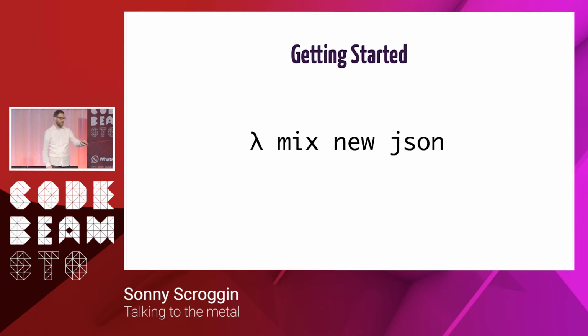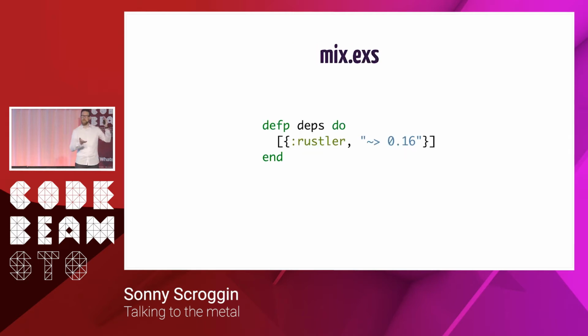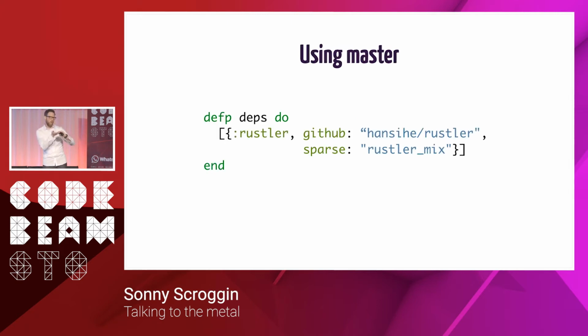You just use this cool little sparse option, because the Elixir code base and the Rust code base are all in one repo, but in a different directory, so you can tell it there. Then we fetch the dependencies, and we have a little generator that allows you to generate some boilerplate for creating your NIF.